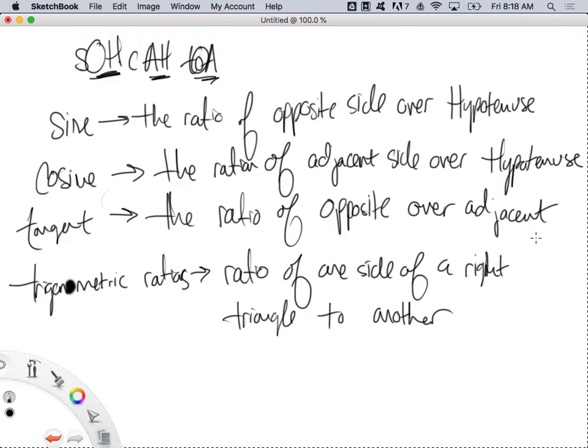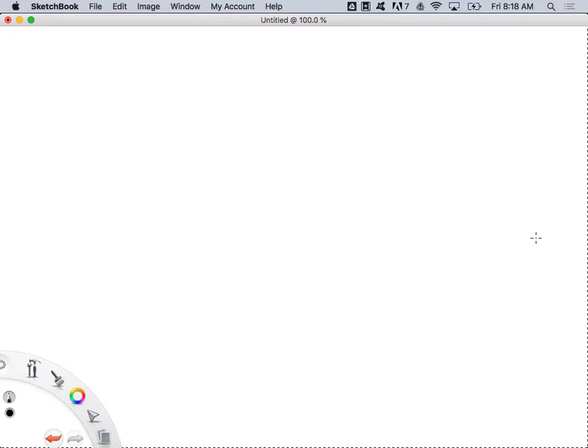You see? It's either opposite over adjacent or adjacent over hypotenuse or opposite over hypotenuse. Okay. Any questions on these? Okay.